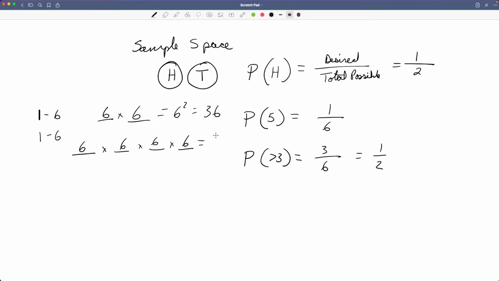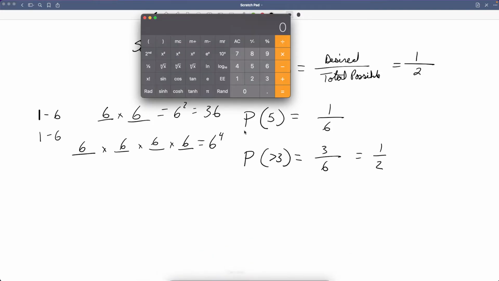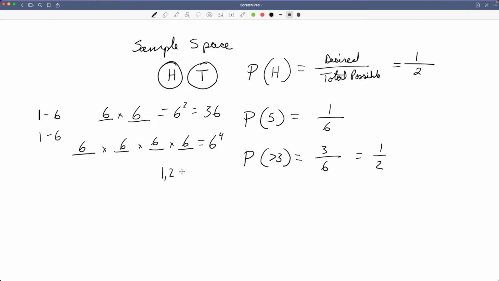So that is 6 to the 4th power, and if we put that in the calculator, 6 to the 4th power would be 1,296 potential permutations or outcomes.